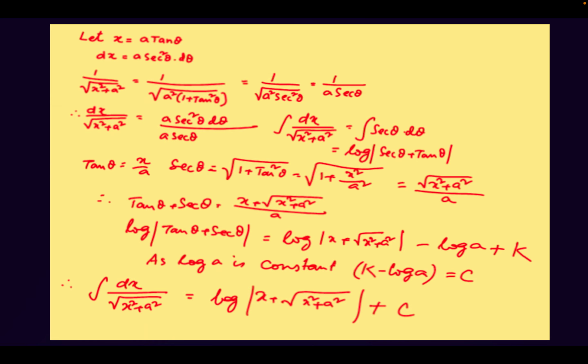Therefore, I replace k minus log a with c, and finally my integration reduces to the integral of dx by square root of x square plus a square equal to the natural logarithm, called ln, of x plus root x square plus a square, plus the constant of integration. This is the derivation part of it. Hope it is clear.